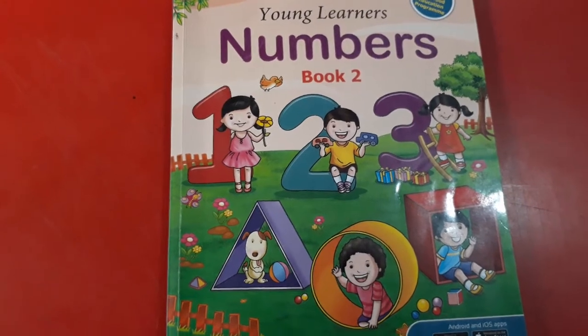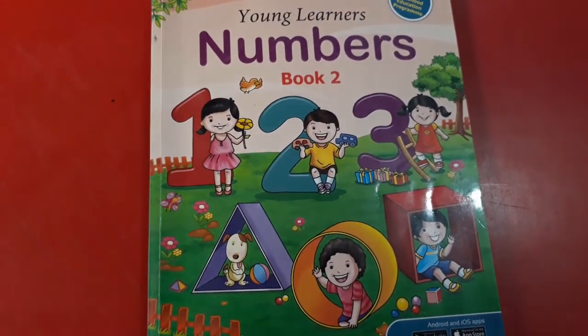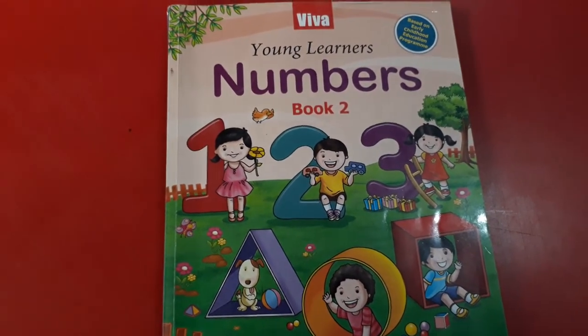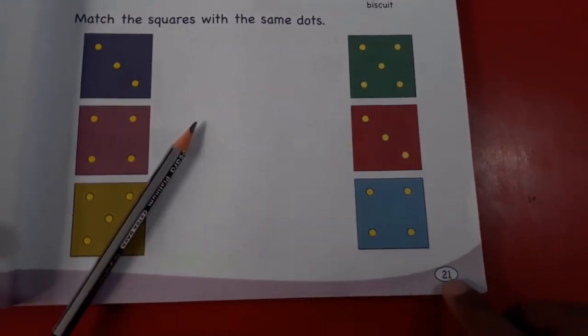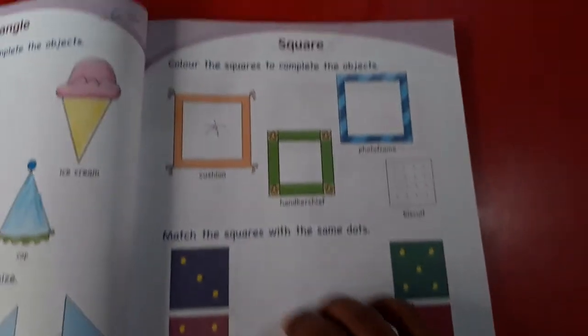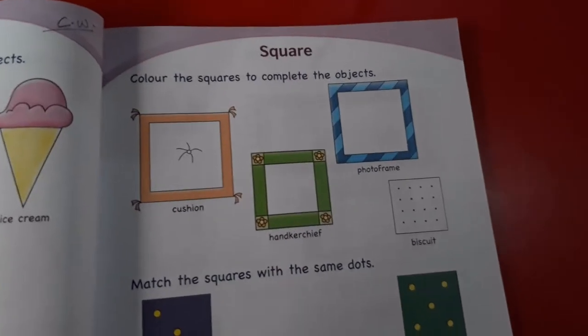So class, now let's open our maths book and see how we are going to do our today's classwork. Clear? So you have to open your book on page number 21. When you open your maths book on page 21, you will find the topic square. So we have learnt about square today.